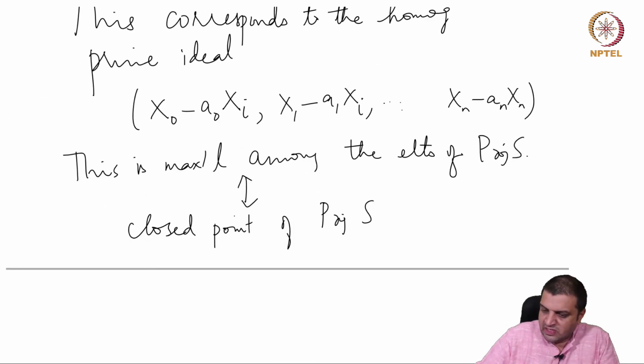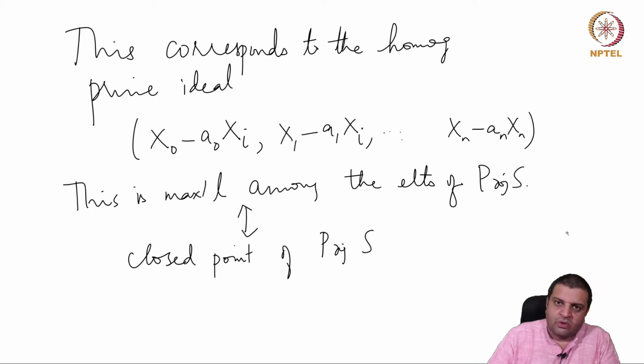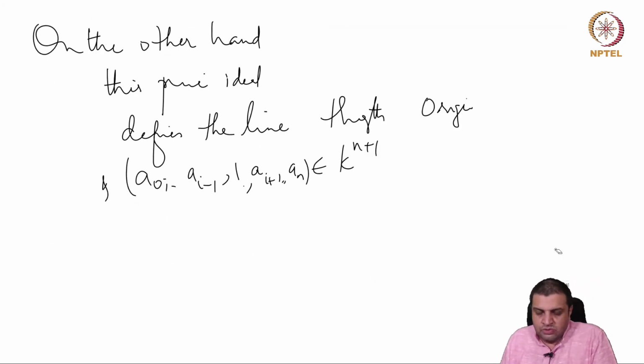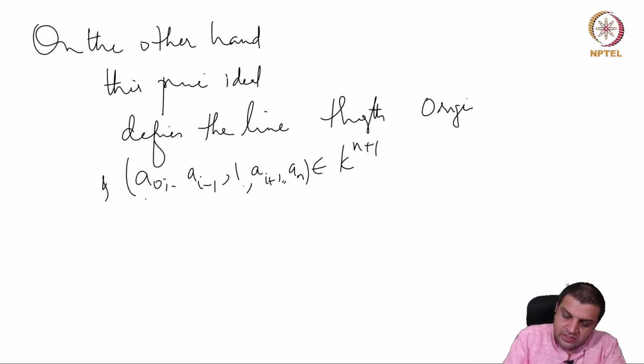If the value of xi is 0, then this point will be the origin. That's the only solution. So this defines a line through the origin. And what we have done is, any non-zero scalar multiple of this is also the same point in the projective space. It corresponds to the same ideal.